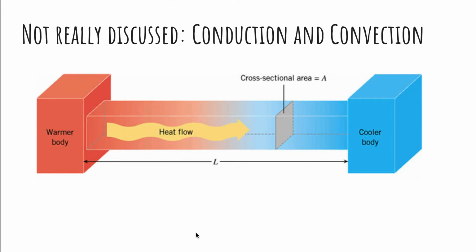Your body is warm and it's used to the warm outside air, then it goes into the pool that's not so warm and you start losing heat. So you would be the warm body heating up the colder body of the pool water. And that can happen in solids, liquids, or gases. Anytime two molecules touch, the one with more energy gives some energy to the one with less energy.